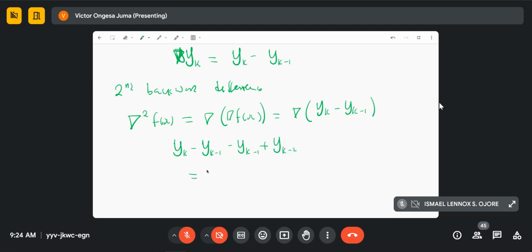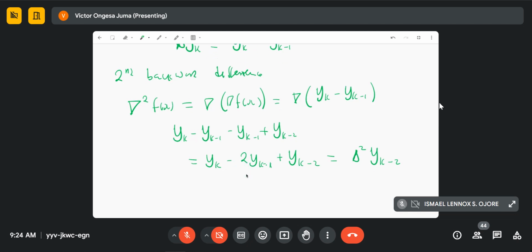So this can be written as yk minus 2 yk minus 1 plus yk minus 2. And if you check well, this is the second forward difference operator of yk minus 2.